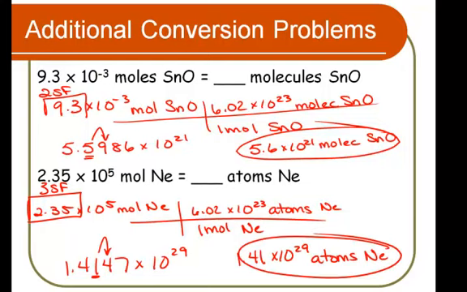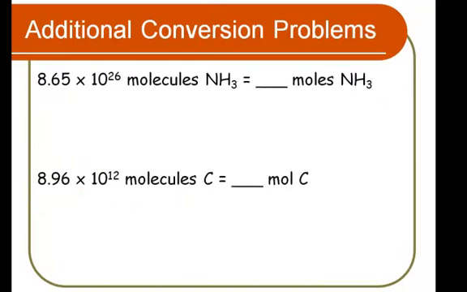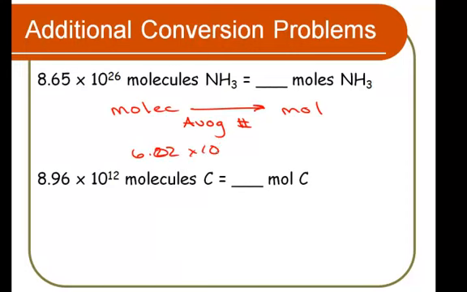If we want to practice going the other way, we have 8.65 times 10 to the 26th molecules of ammonia. So here we're going from molecules to mole island. We're still going to use Avogadro's number, and we're still using that relationship, 6.02 times 10 to the 23rd molecules equals 1 mole.